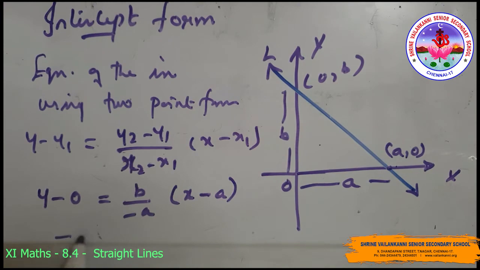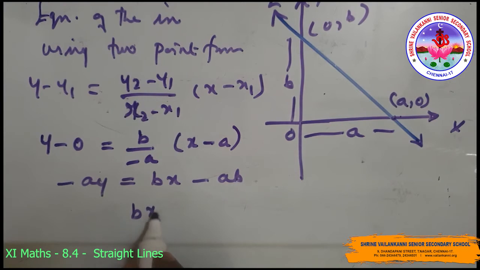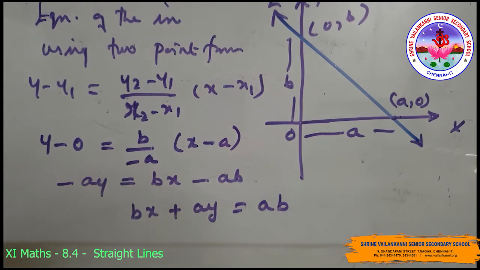So we get minus ay is equal to bx minus ab. Bx plus ay is equal to ab. Dividing both sides by ab, we get x by a plus y by b is equal to 1.